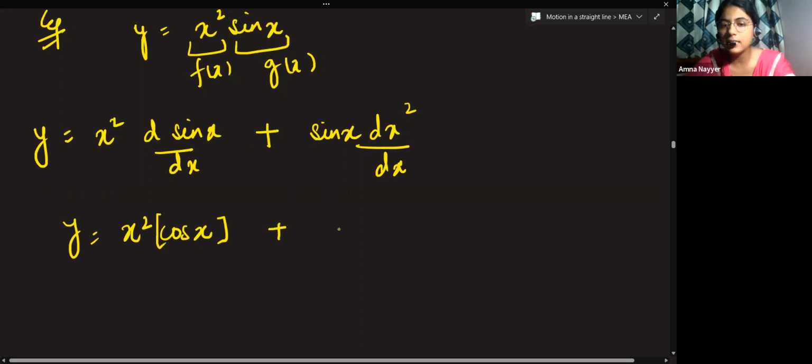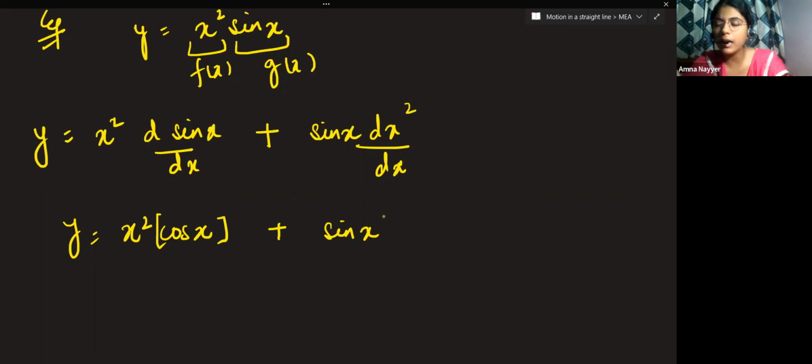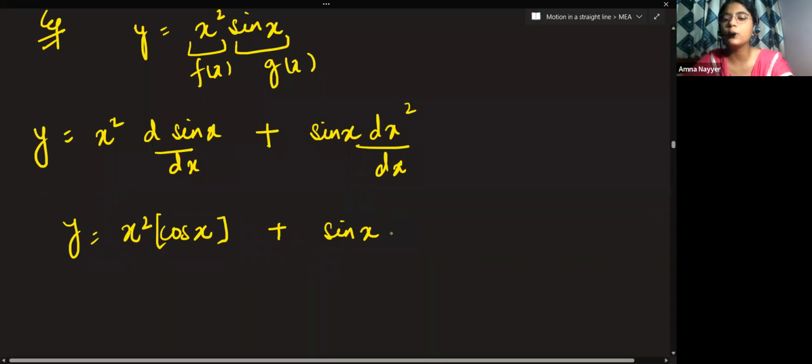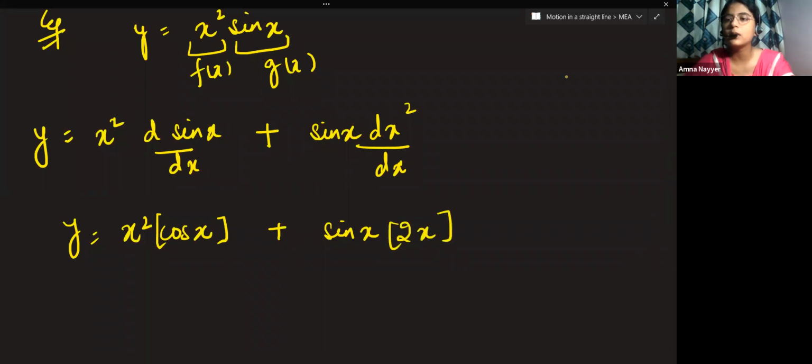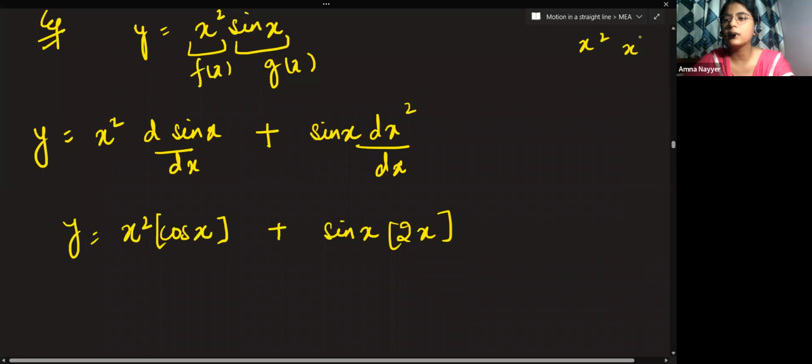Now sine x is kept as it is, and we are differentiating x square. So how do we differentiate x square? It's like x to the power n, giving n x to the power n minus 1. Here n is 2, so 2x to the power 2 minus 1, that is 2x.